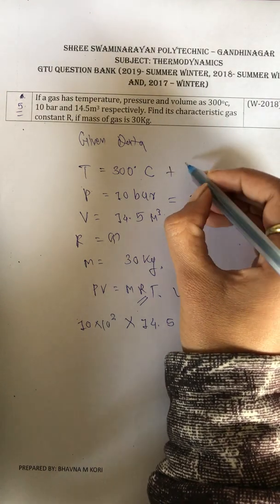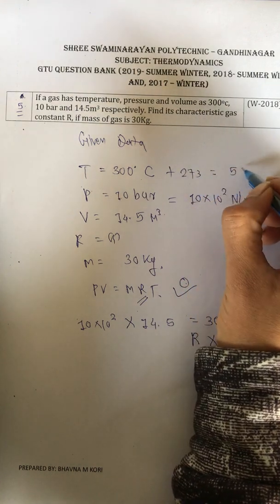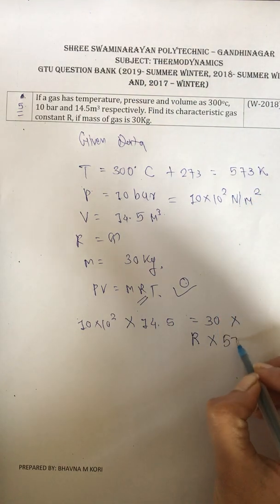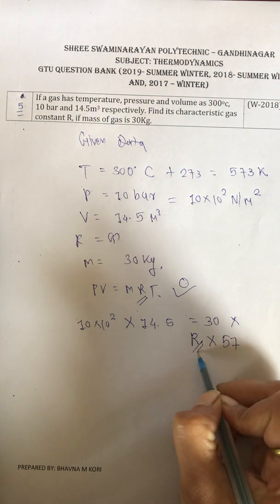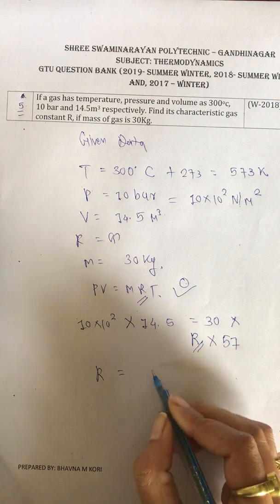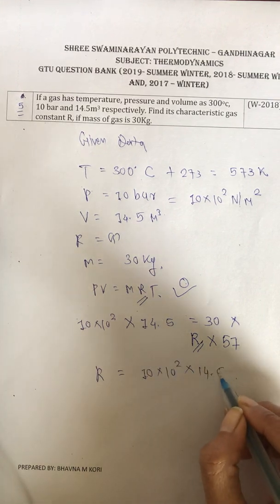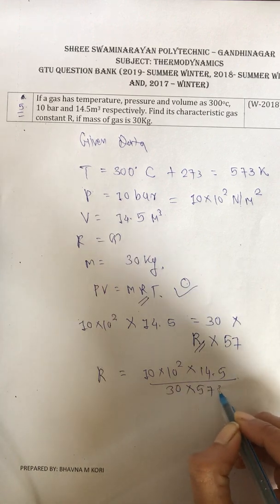Convert this into Kelvin. 300 plus 273, that is 573 Kelvin. Okay, 573. So make R the subject. So R is equal to 10 into 10 raised to 2 multiplied by 14.5 divided by 30 into 573.